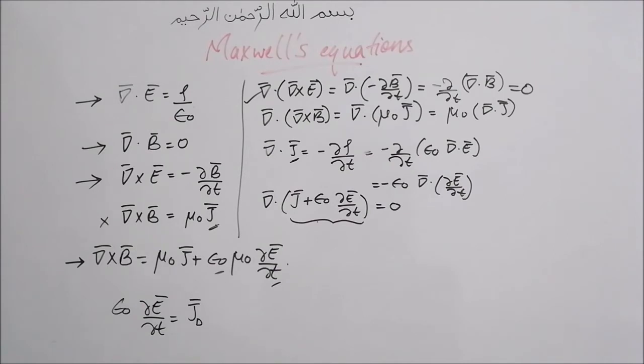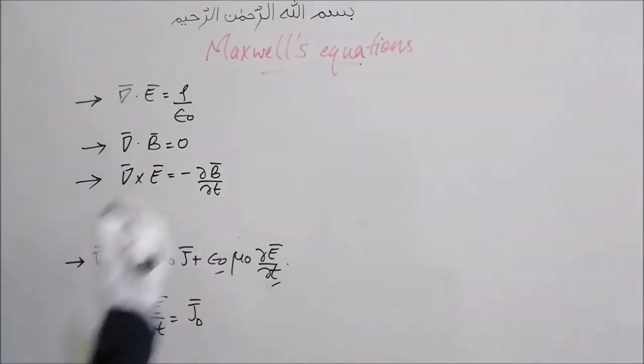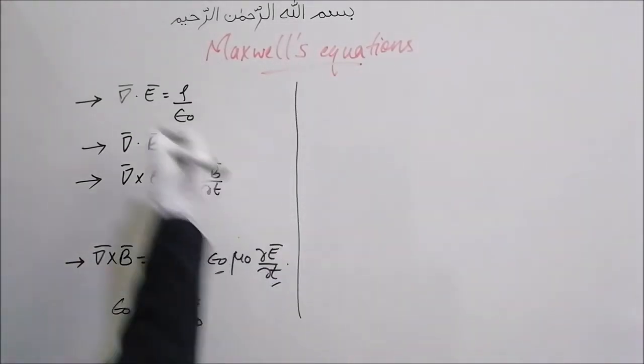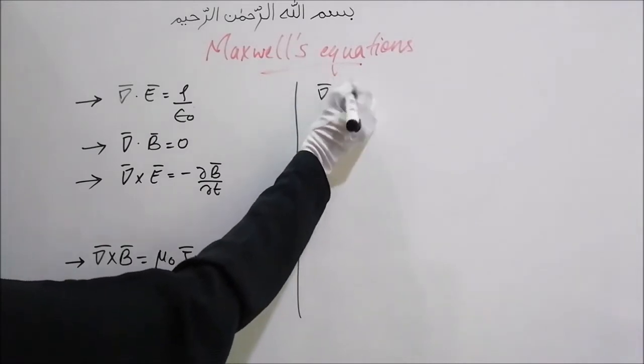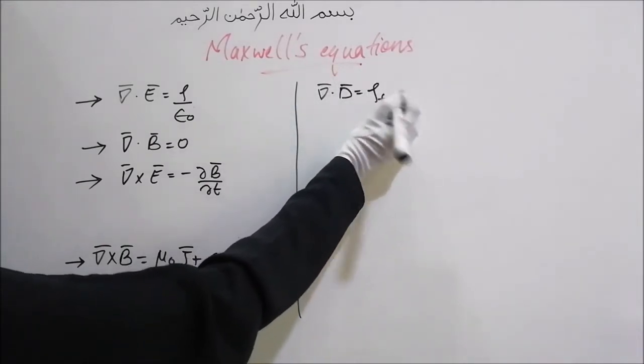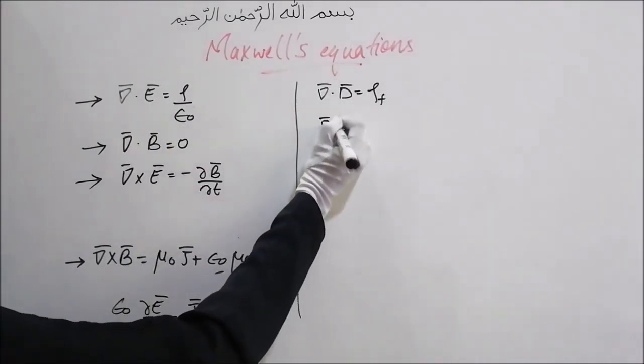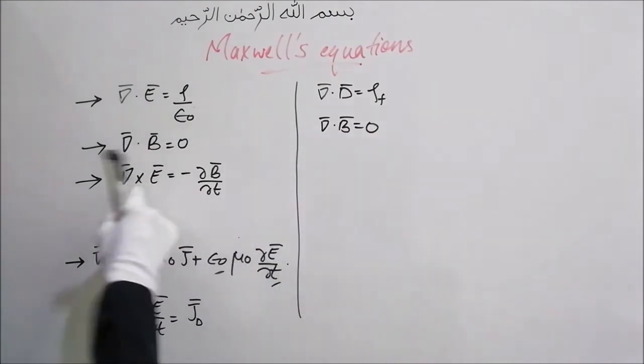So in terms of free charges and free currents, we can write our Maxwell's equations as del bar dot D bar is equal to rho free. This will be as it is, del bar dot B bar is equal to 0.